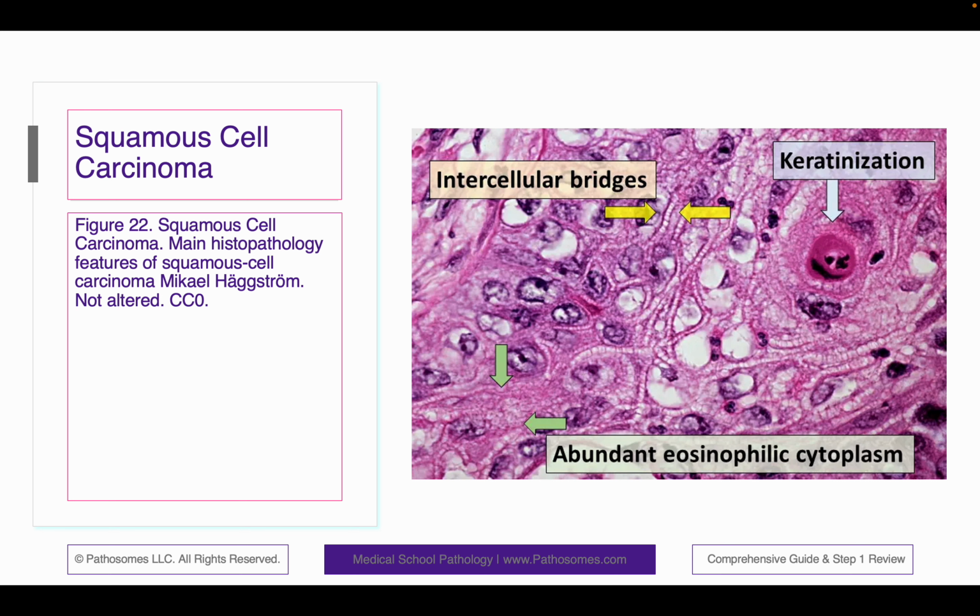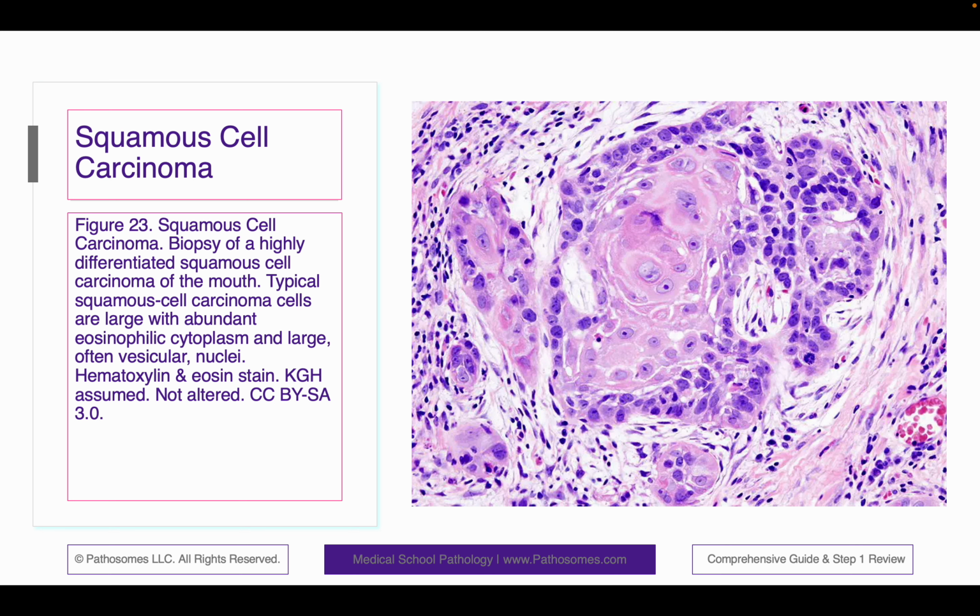Note the intercellular bridges, the keratinization, the abundant eosinophilic cytoplasm, right? This is some classic squamous cell carcinoma histopathology. Can you see the squamous pearls here, or at least the squamoid features?